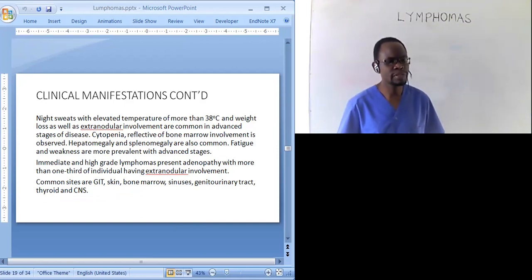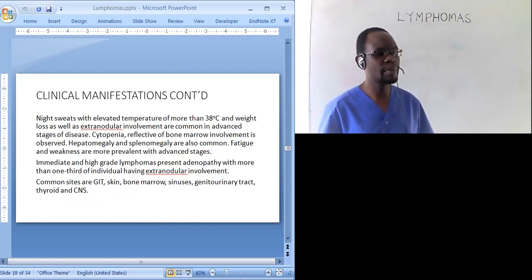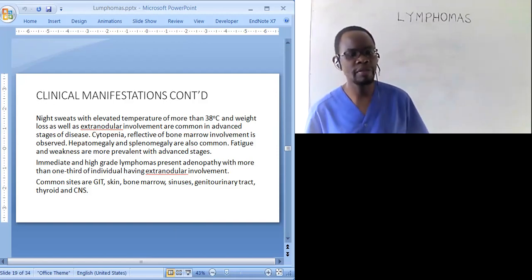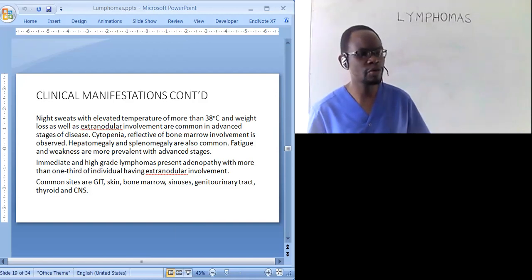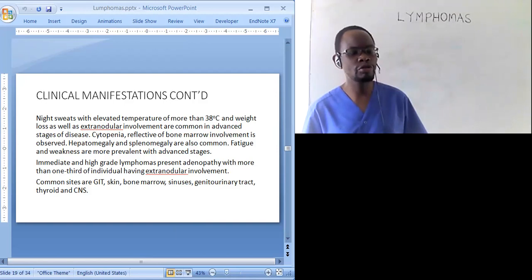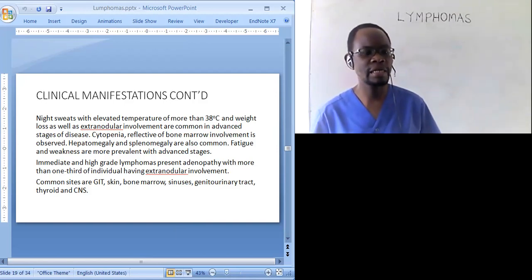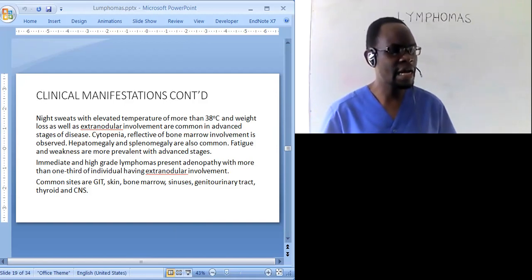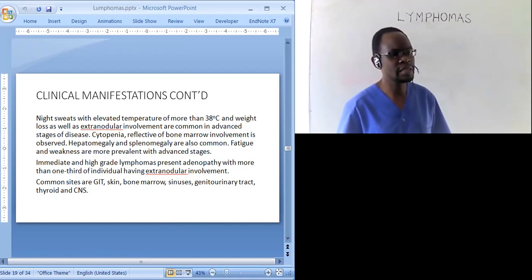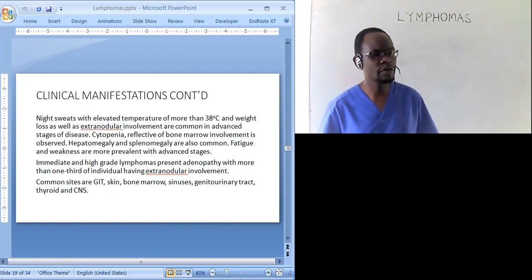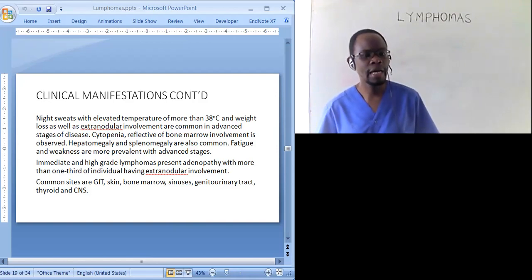Hepatomegaly and splenomegaly are also common in the extranodal tissues. Fatigue and weakness are also prevalent in advanced stages. Intermediate and high-grade lymphomas present with adenopathy, with more than one-third of individuals having extranodal involvement.